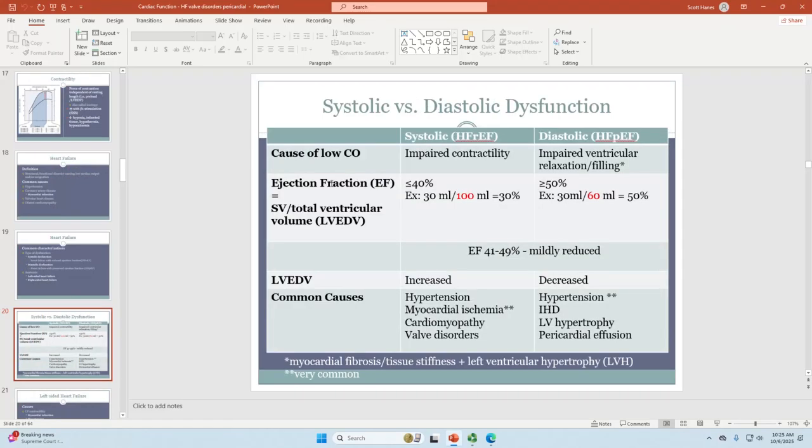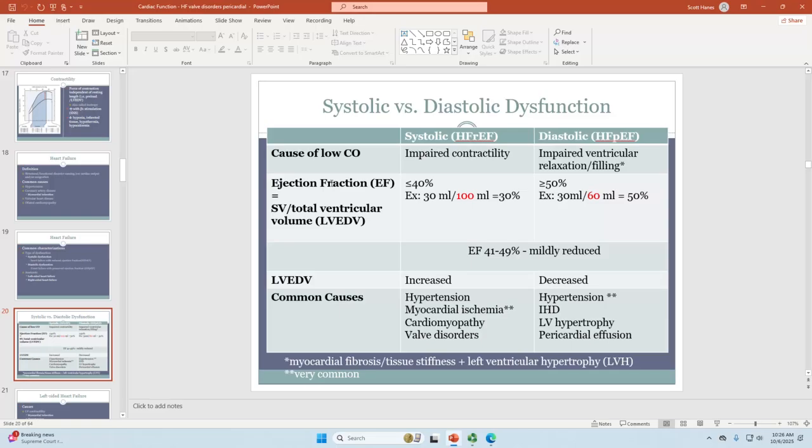So as I mentioned, both of these disorders, systolic and diastolic dysfunction, cause a low cardiac output. They just do it from two different separate mechanisms. So for systolic heart failure, it's impaired contractility. Most commonly, myocardial ischemia or infarction, for example. There's limited ability of the left ventricle to contract properly, so therefore it doesn't push out enough stroke volume and your cardiac output falls.